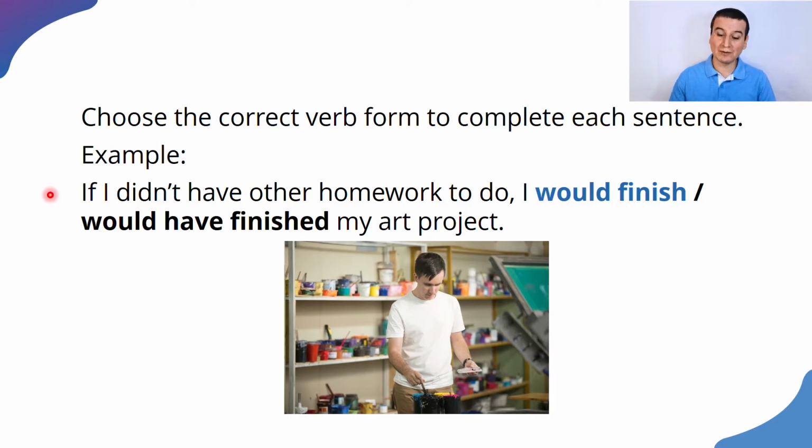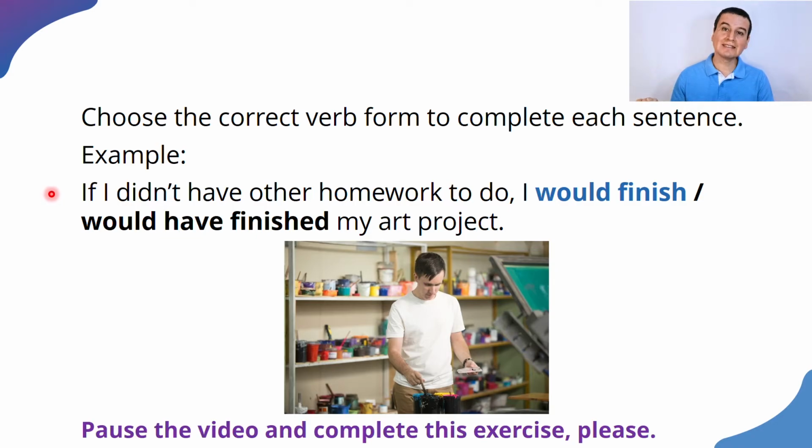Now I have these 5 sentences for you. Please pause the video and examine these sentences and try to decide which is the best verb form to complete this description of a hypothetical situation. Pause the video, complete the exercise, and I'll see you in a moment.